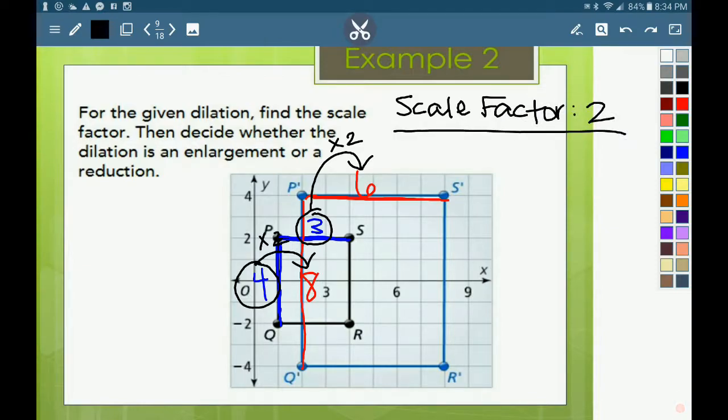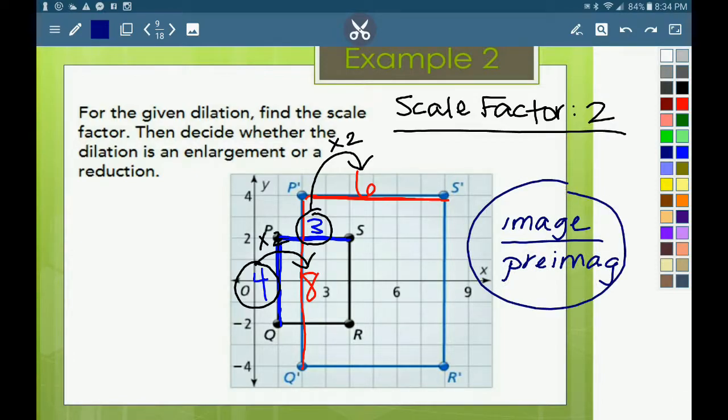Now, being able to think about it in your head like that only works if your scale factor is a whole number. So if you're ever uncertain of how to calculate the scale factor, it's always going to be the image length, write this down, image length over the pre-image. Okay, that's important. Okay, so I can show you this.